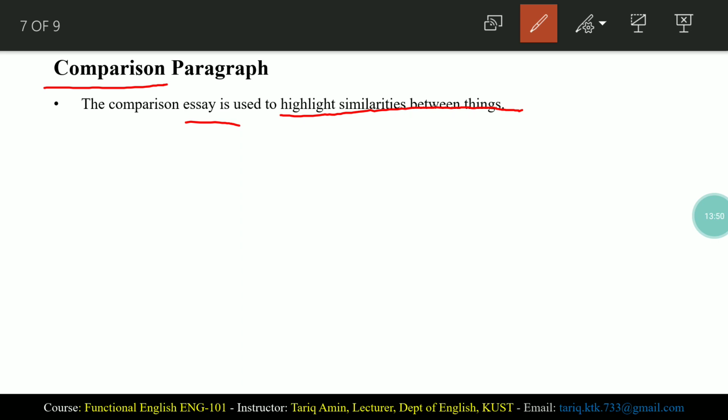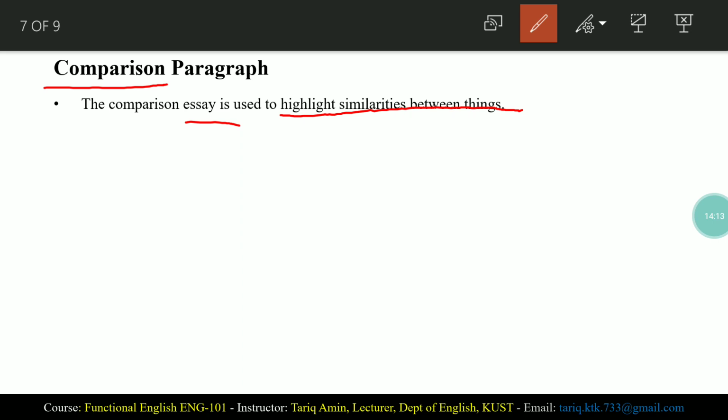For example, there are two different students in front of you. The first one is Asim, and the second one is Zahid, and you need to highlight the similarities between your friends, or it can be objects as well. For example, one fan and another fan, one room and another room.